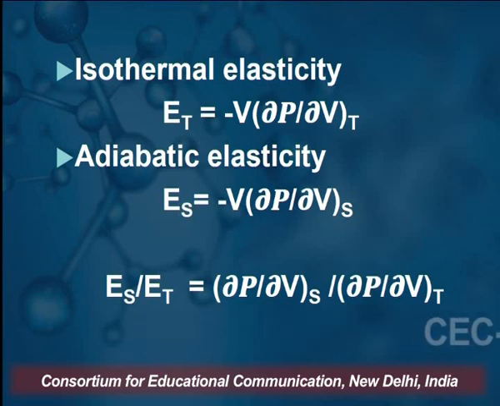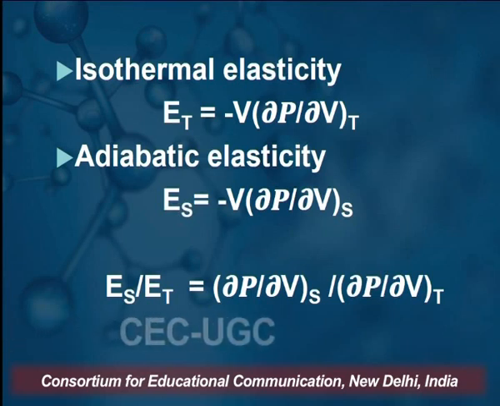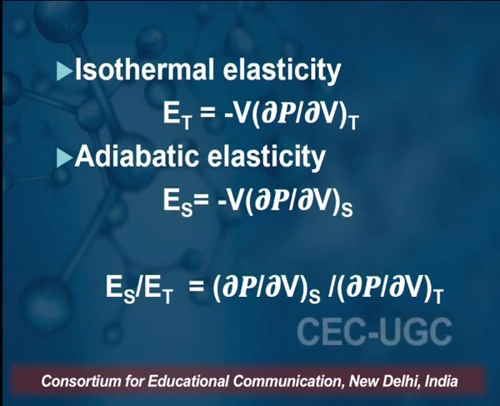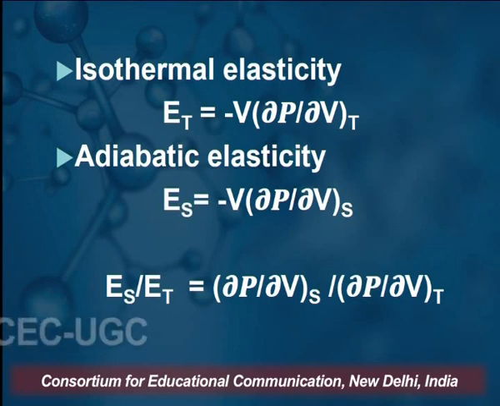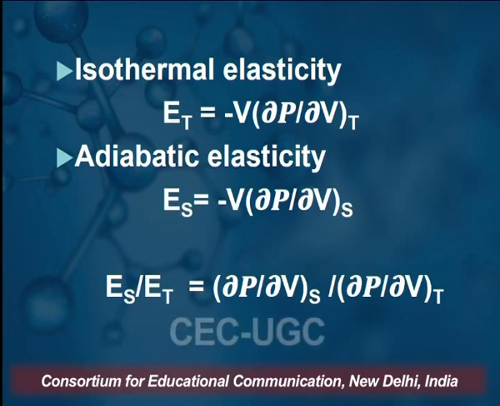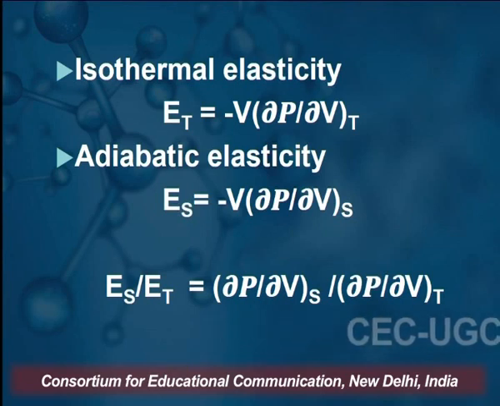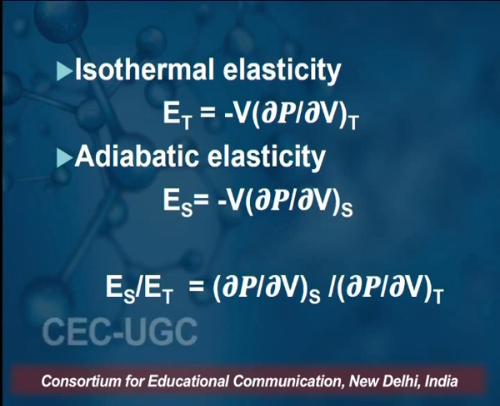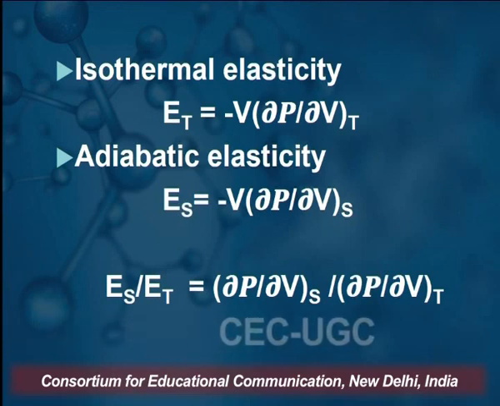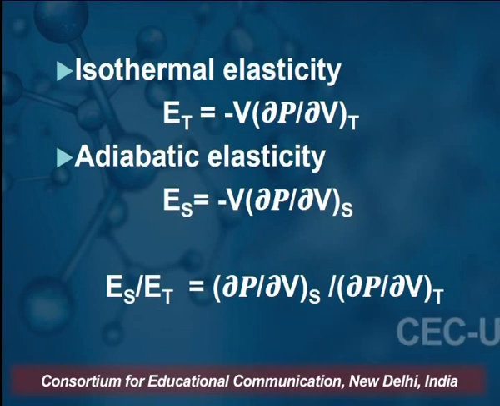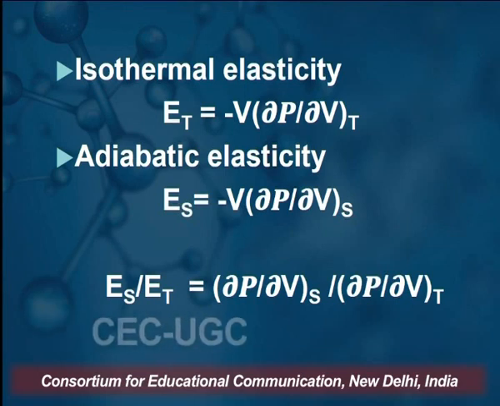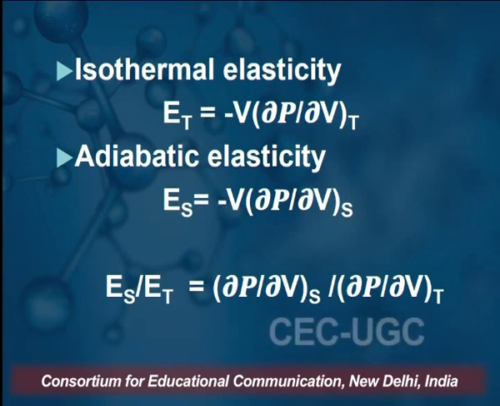Similarly, we can write adiabatic elasticity as Es is equal to minus V delta P by delta V at constant S. Let me take the ratio of Es and Et. On taking the ratio, we get Es by Et is equal to delta P by delta V at constant S by delta P by delta V at constant T.